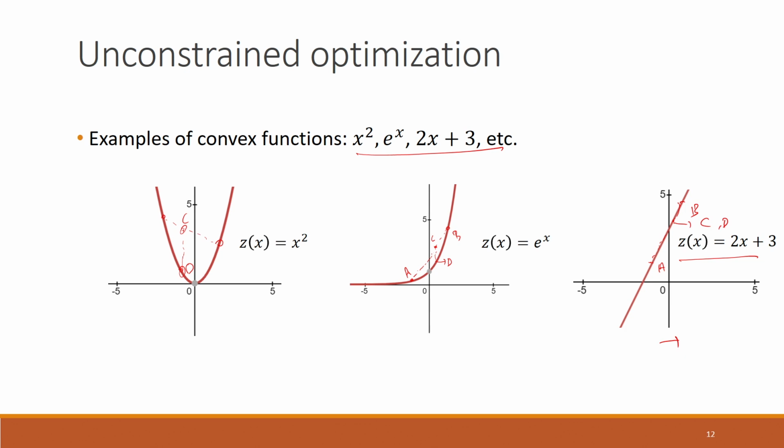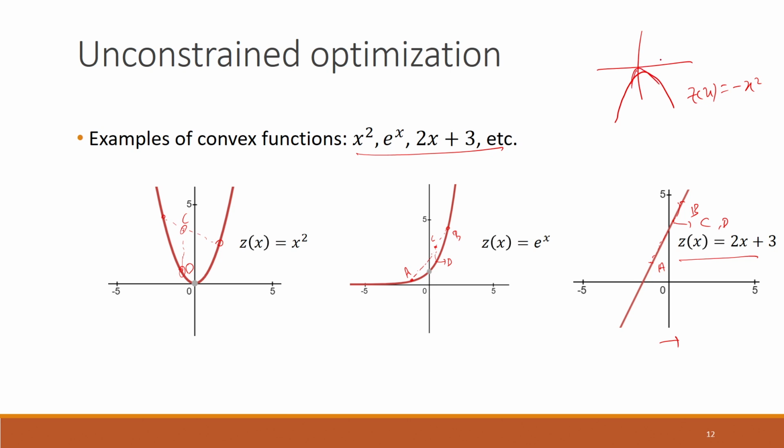Okay, there is something called a concave function. In a concave function, we again pick any two arbitrary points on that function, and the line segment joining those two arbitrary points never goes above the corresponding point on the function. An example of a concave function is z(x) equal to minus x square.